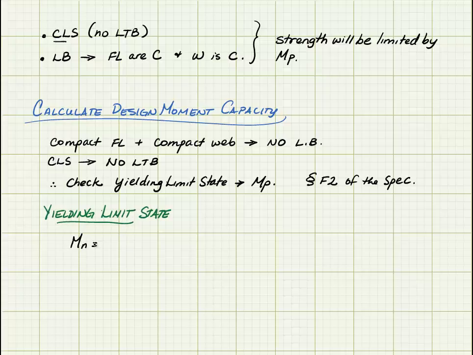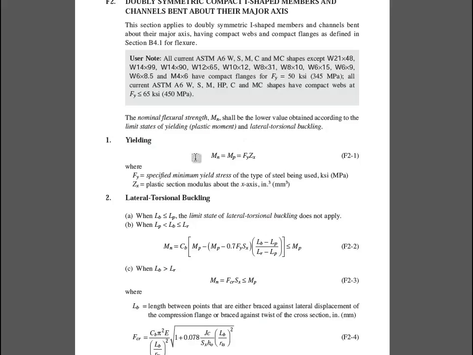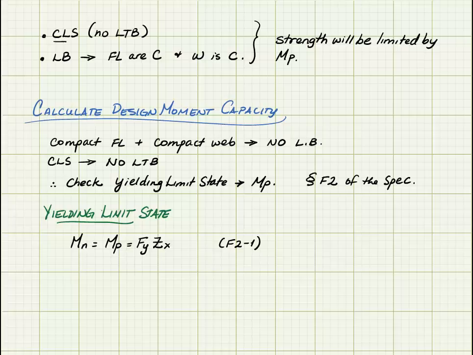My nominal moment capacity is going to be equal to the plastic moment strength, which can be calculated as Fy times Z sub x. This is equation F2-1. So right there. Yield strength is 50 KSI.